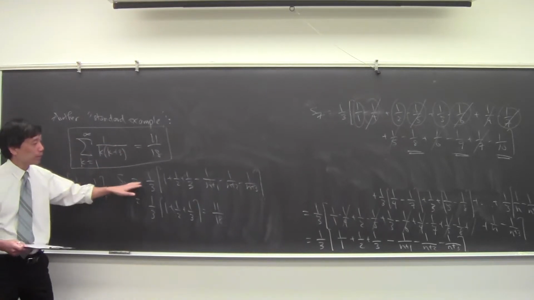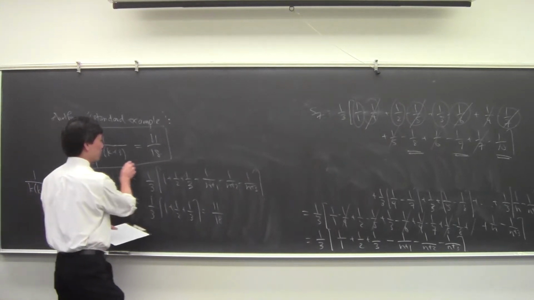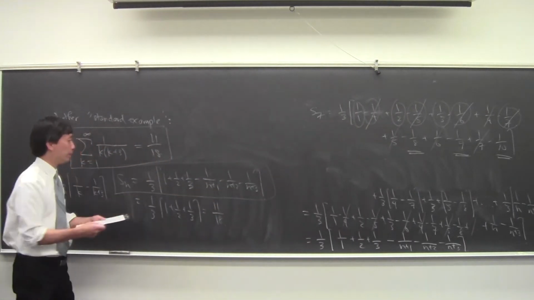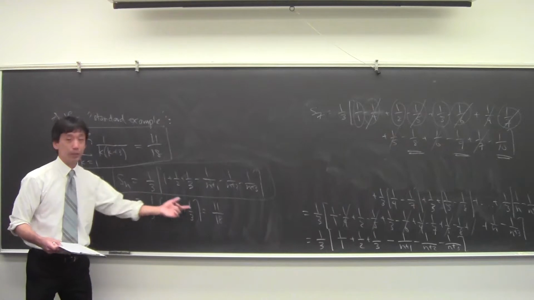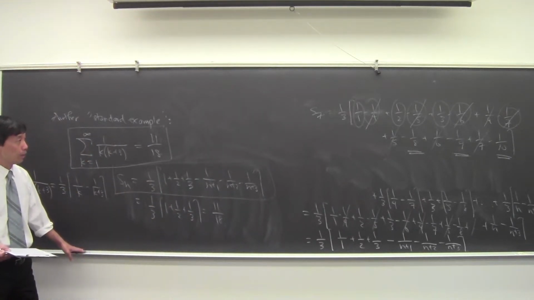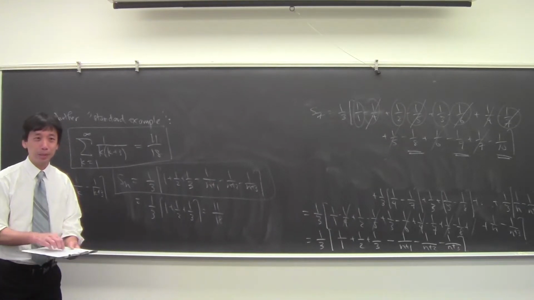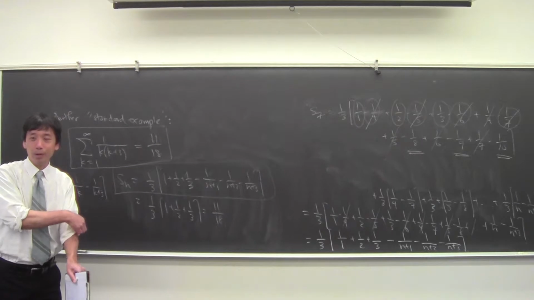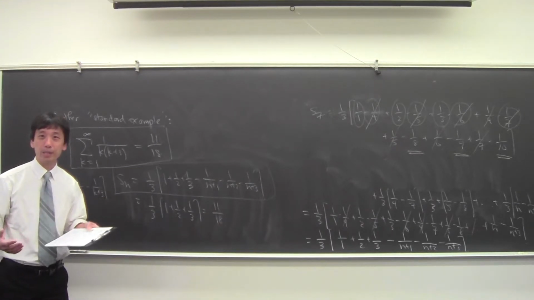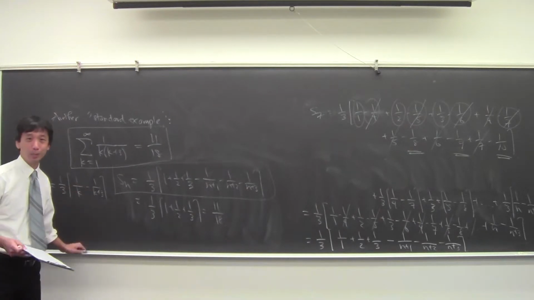We mean that the sequence of partial sums, which we figured out is this, converges to 11/18. So this is all just to tell you what it means when we say an infinite series equals some number. It means that the sequence of partial sums converges to that number.